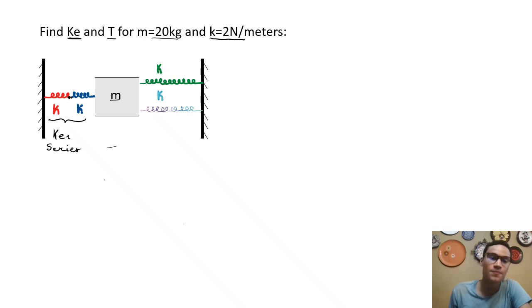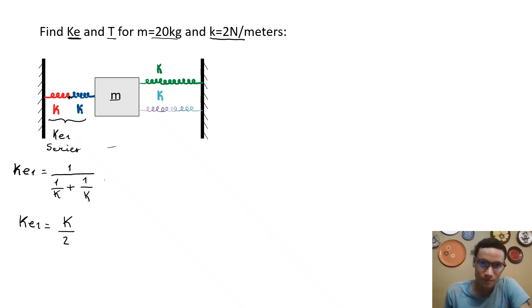They're in series, so we can say that this K equivalent 1 is equal to the inverse of the sum of the inverse of each of the springs, 1 divided by K plus 1 divided by K. If we operate this, we get that K equivalent 1 is basically equal to K divided by 2.